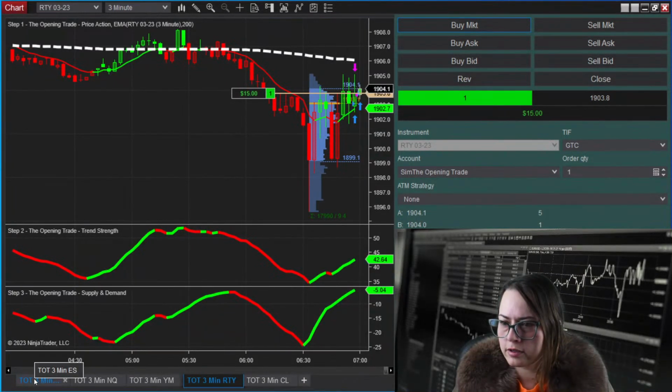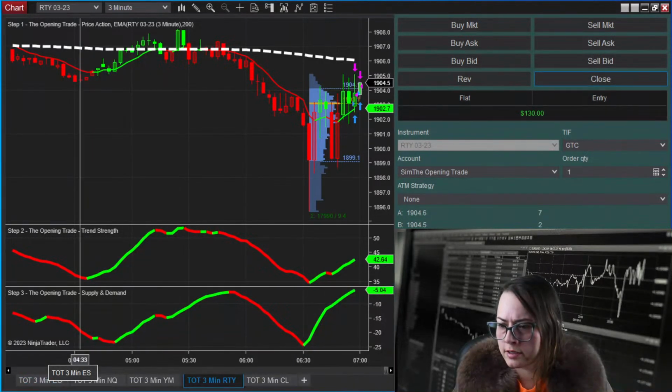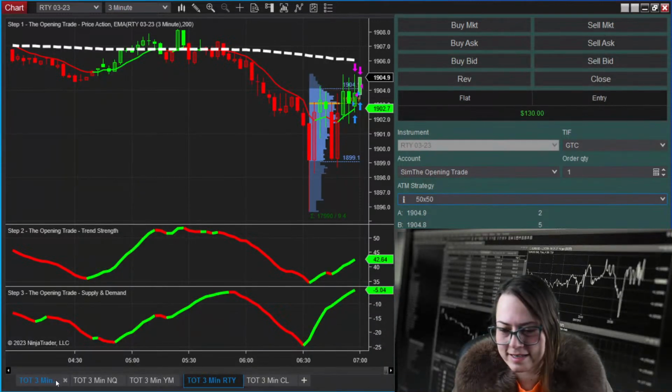Alright, so while I let that one run, let's take a look here. I'm getting really close to hitting the close button. Order filled. So there I won another $130 on that one. And now let me fix this so I can have my bars next time.